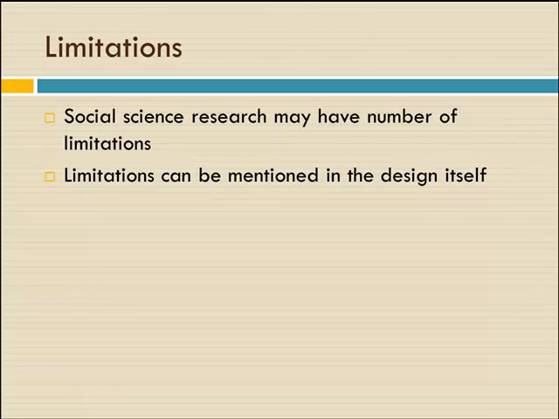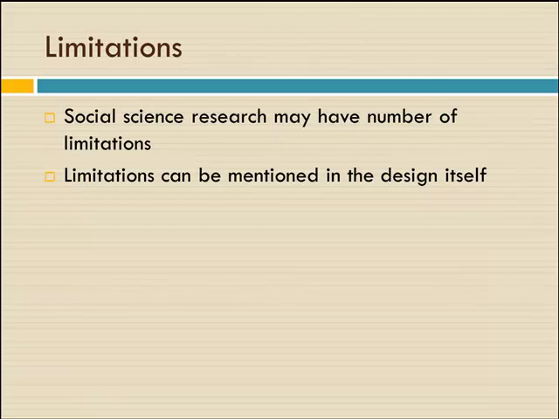He has to mention what the limitations are and what is the need for him to select a restricted sample, or why he is resorting to sample survey instead of the census method, or why he is resorting to the case study method. All these things should be put in the form of limitations. Only then can he escape from the questions of the examiner, the reader, or the persons participating in the public viva examinations.